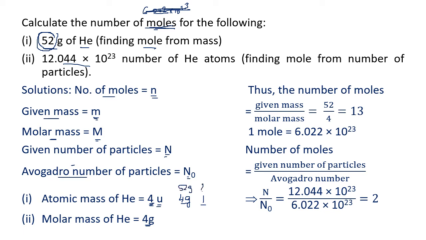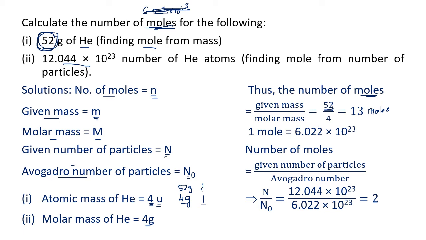So the formula is number of moles is the given mass upon the molar mass. So given mass is 52 and the molar mass is 4. So 52 upon 4 is 13. So the answer is 13 moles. What is this? 52 gram of helium will have 13 moles of helium atoms.